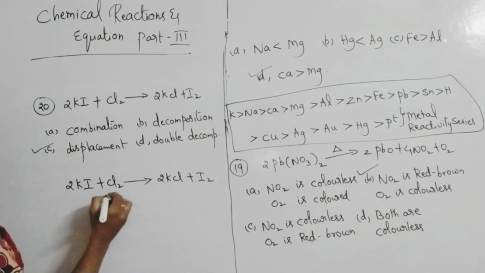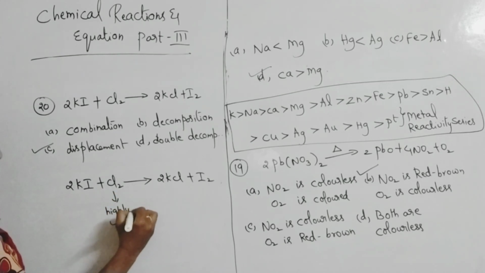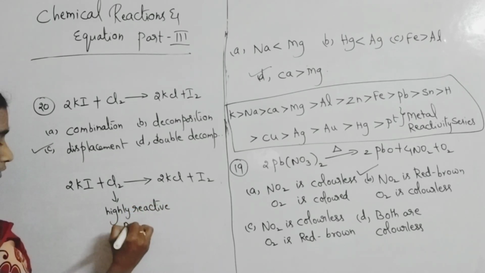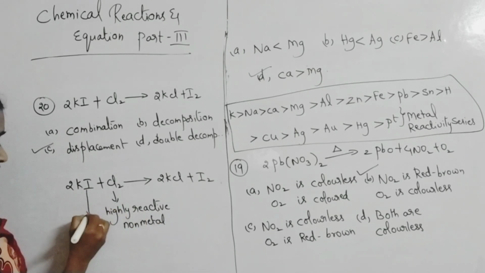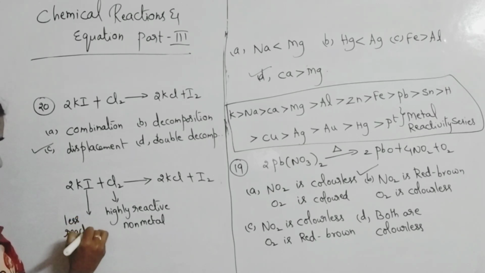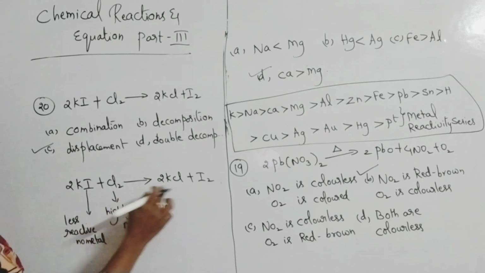Chlorine is a highly reactive non-metal, and it is displacing a less reactive non-metal from its salt solution. Iodine is the less reactive non-metal, so it is displaced.